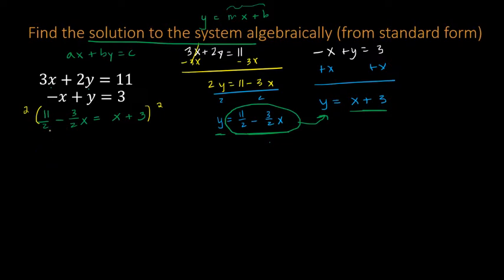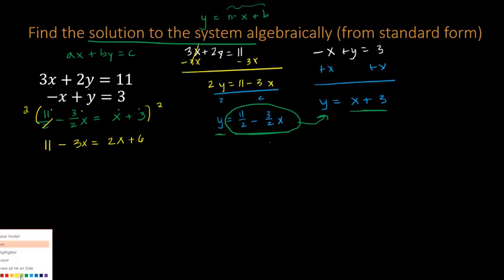So 11 over 2 times 2, that 2 cancels out, I get 11 minus 3 over 2 times 2, those 2's cancel out, I get 3x equals, x times 2 is 2x, 3 times 2 is 6. So the important thing there is that, remember, if you divide or multiply, you're doing it to every term in the expression. Okay, so now I can continue. Let's see, what should I do next?